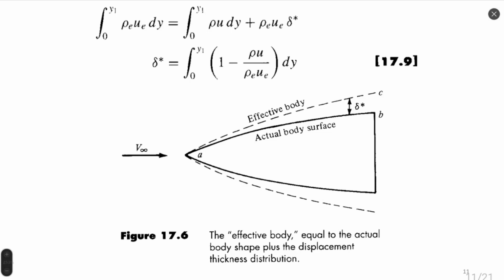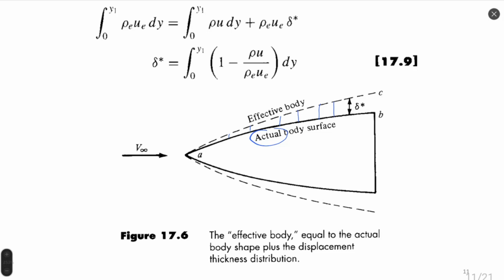If we substitute the real body surface by another body, which we call the effective body, where we add at each point of its geometry this delta asterisk displacement thickness, the thickness where flow will not happen, where mass flow rate would be equal to 0, our actual body becomes thicker and becomes the effective body.